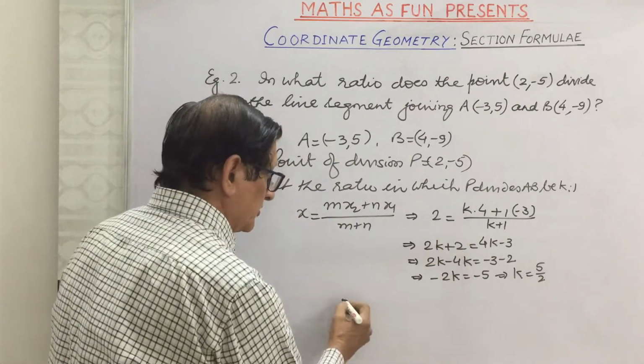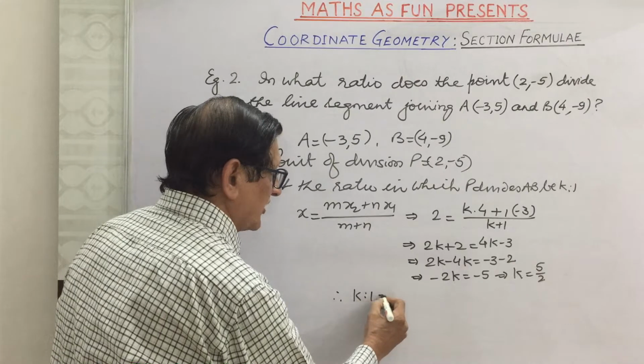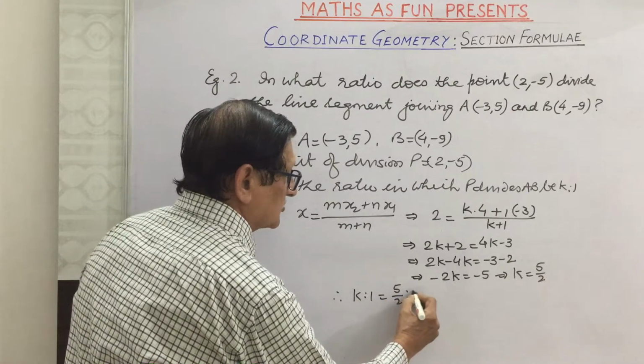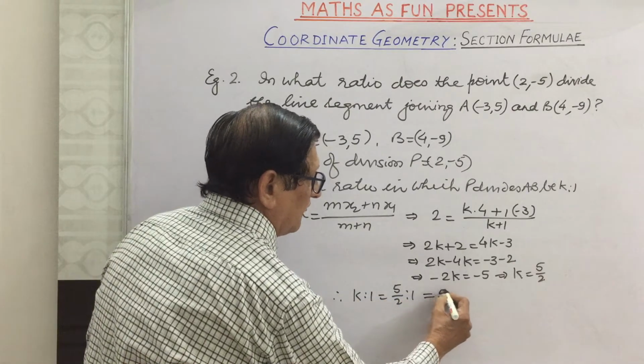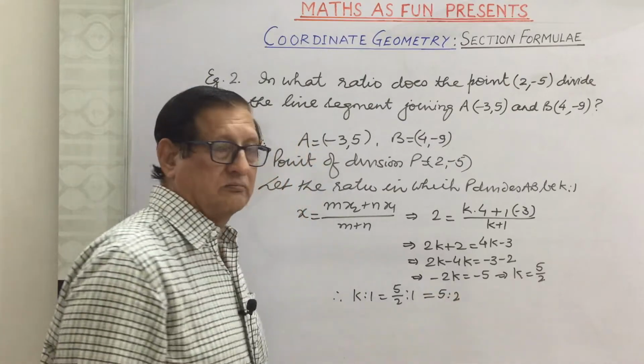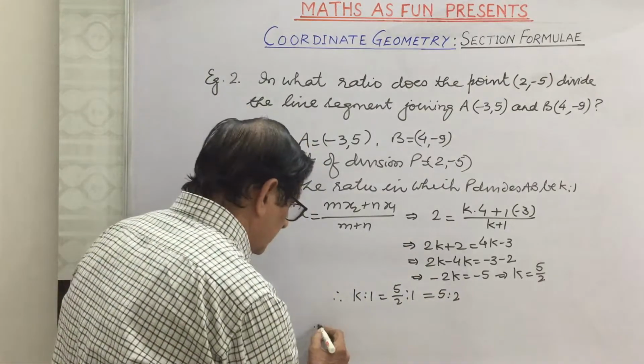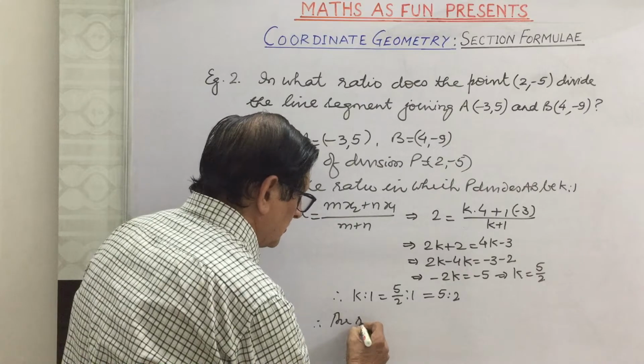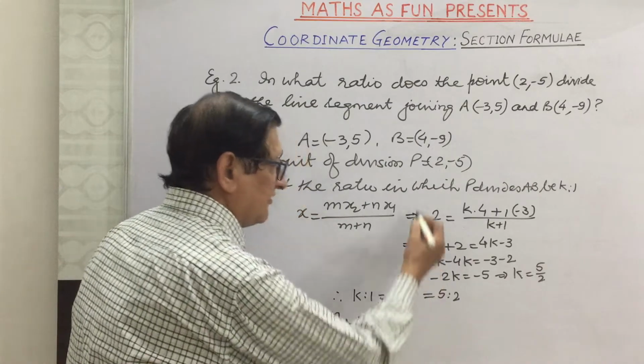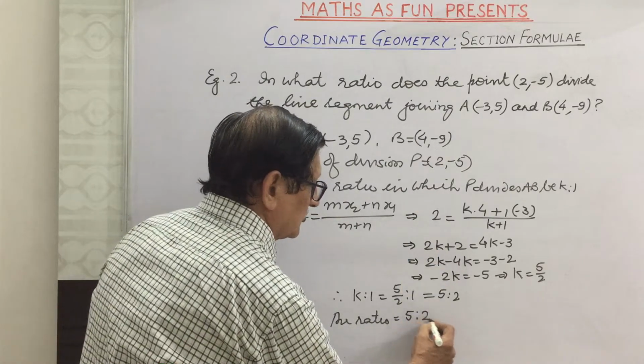k is 5 upon 2, therefore k is to 1 will be 5 upon 2 is to 1, or we can say 5 is to 2. And hence, the ratio in which P divides is 5 is to 2.